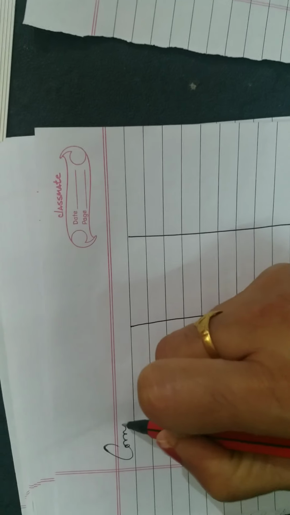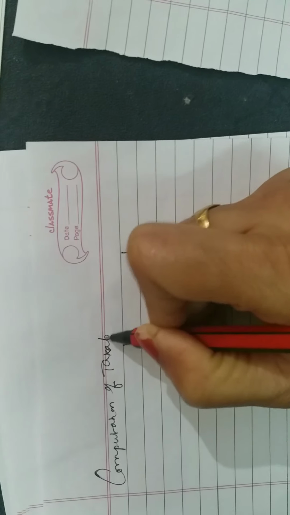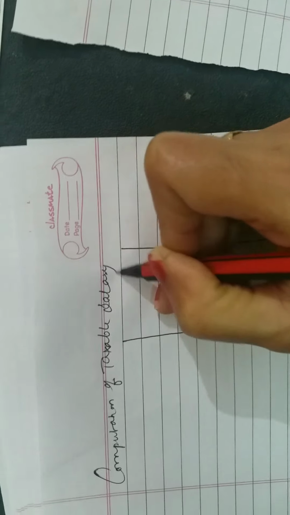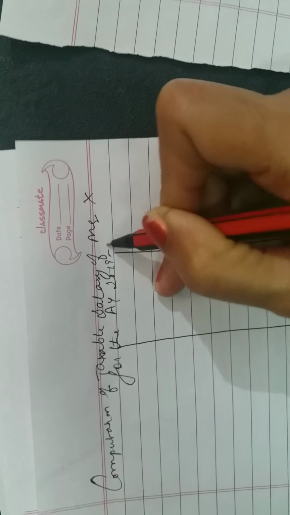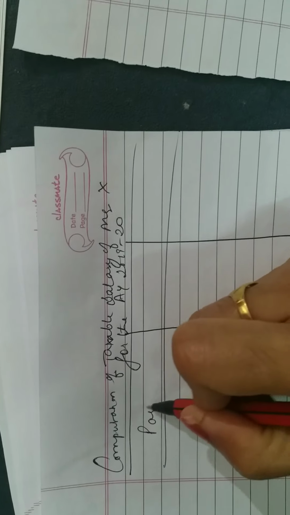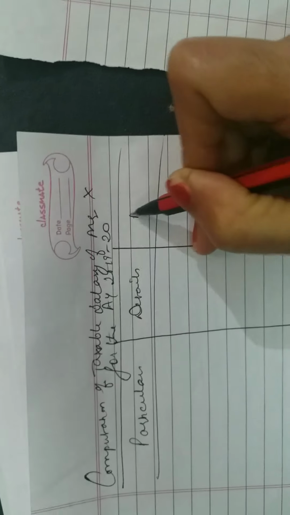So, computation of taxable salary of Mr. X for the assessment year 1920, and we have the details and the amounts to be written under this. Let me prepare a proper proforma. I hope you are able to see.